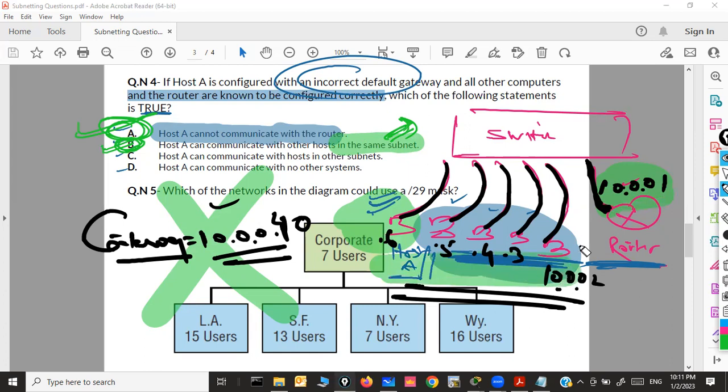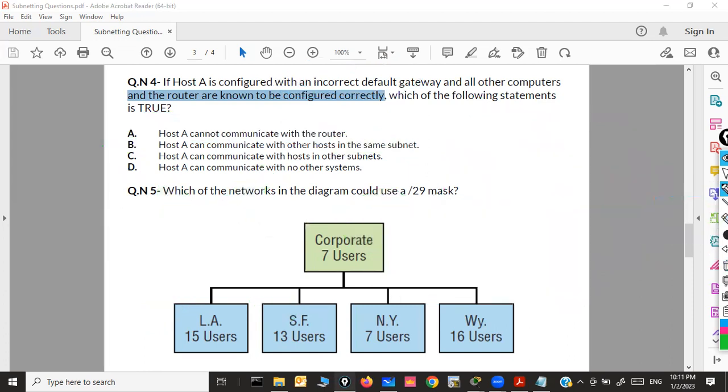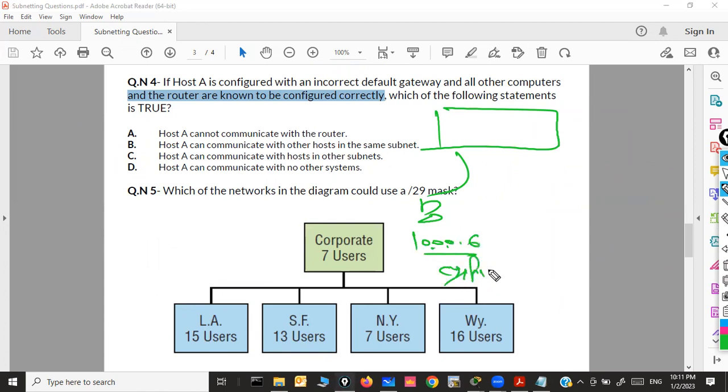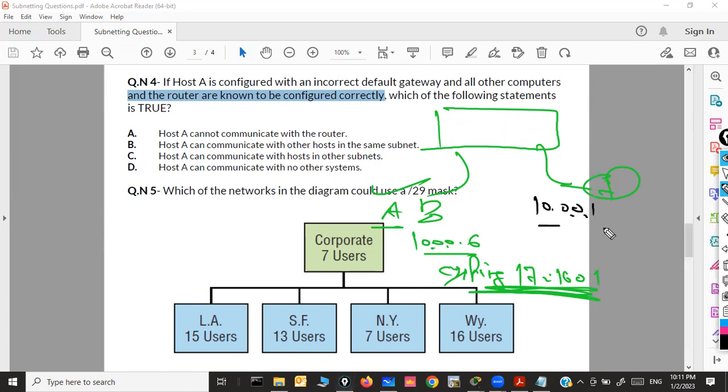But the problem would be this: let's say host A's IP address is 10.0.0.6. Now, if you want to ping 172.16.0.1, and host A doesn't have the proper gateway configured, where the gateway address should be 10.0.0.1, but accidentally, by mistake, I configured 10.0.0.40 as the gateway.